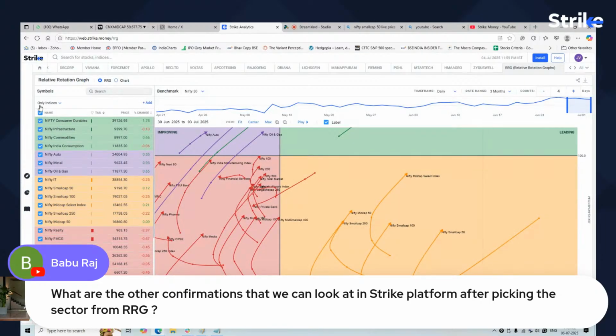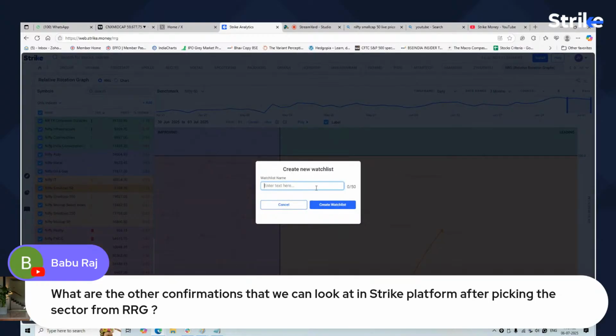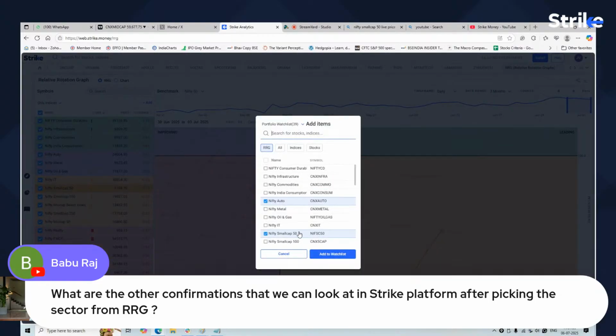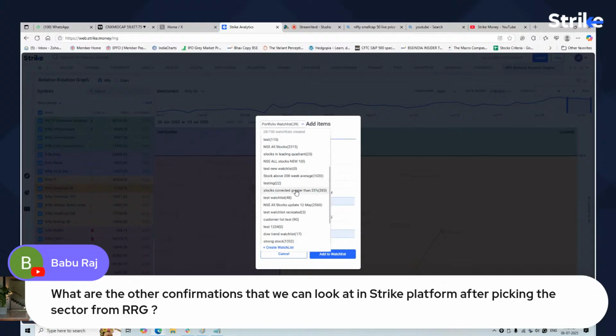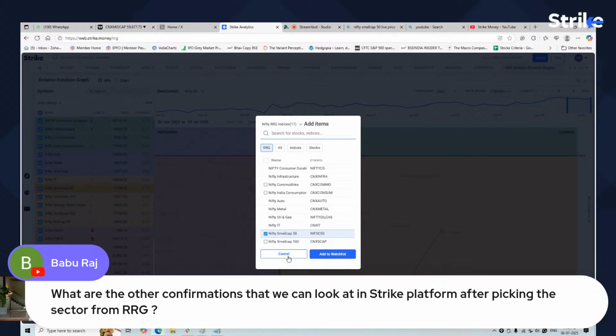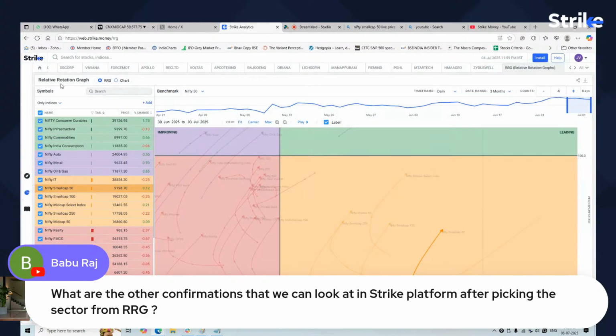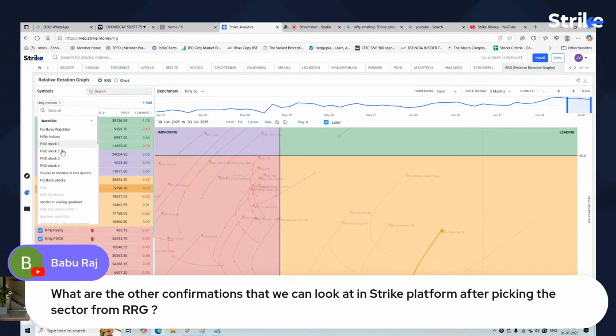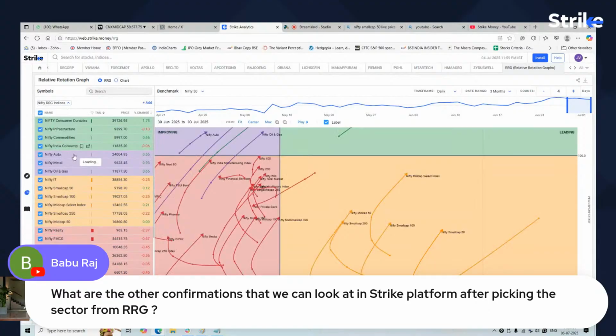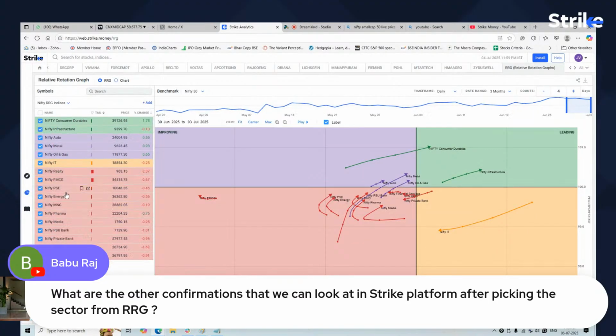And then once I added that index, I simply, wait, Nifty 50 is not there, so I'll try to add it over there. You can see the Nifty RRG indices count over here.